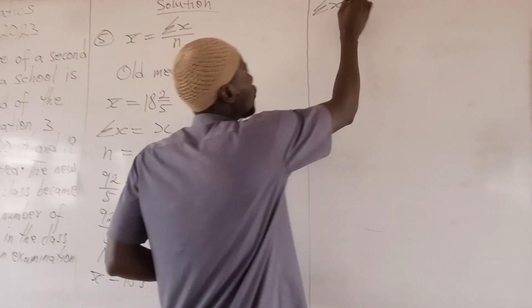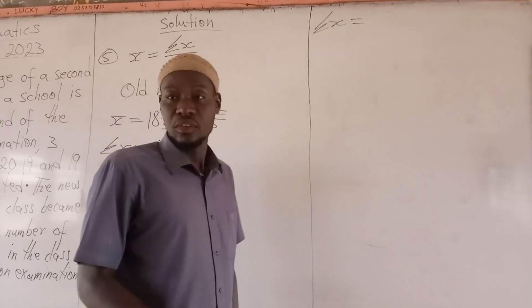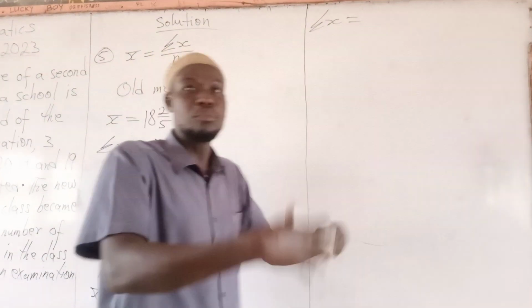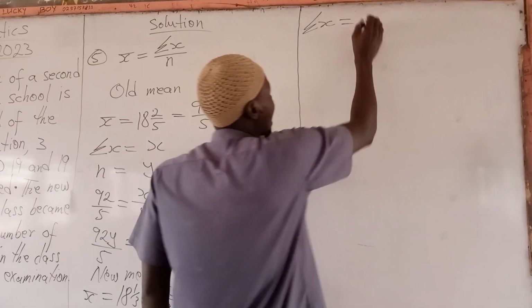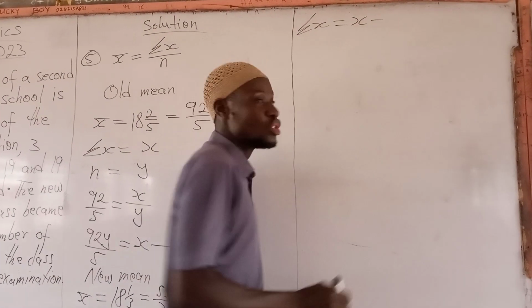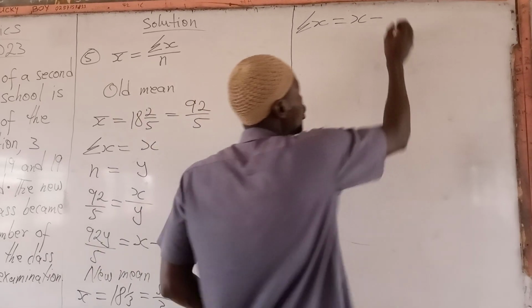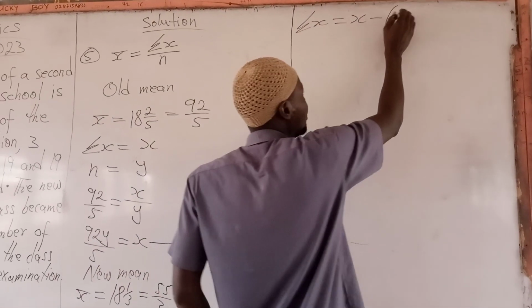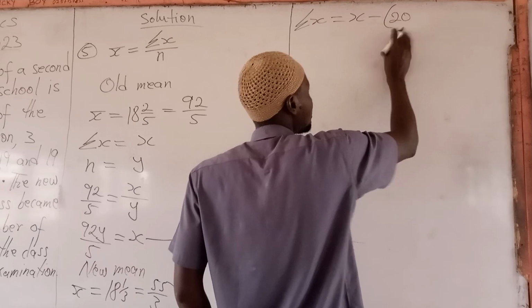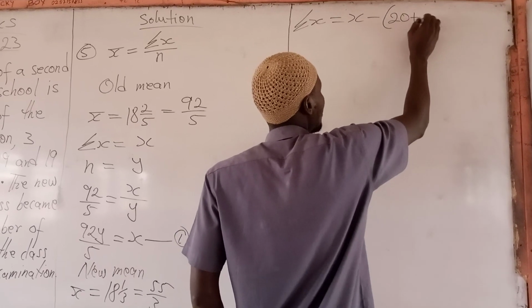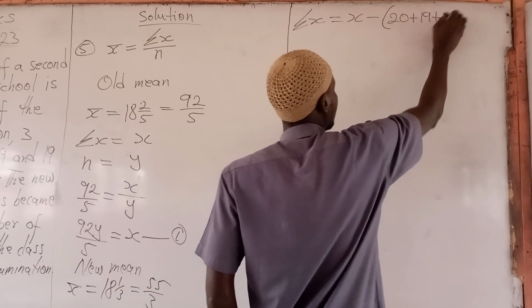And so for the new mean of the new class, or of the promoted class, the sum of their ages will be reduced by the ages of the students who were repeated. The ages of the students who were repeated as given in the question are 20 plus 19 plus 19.